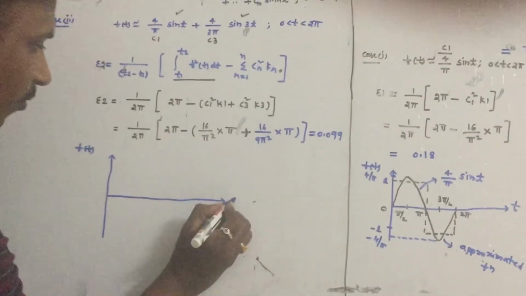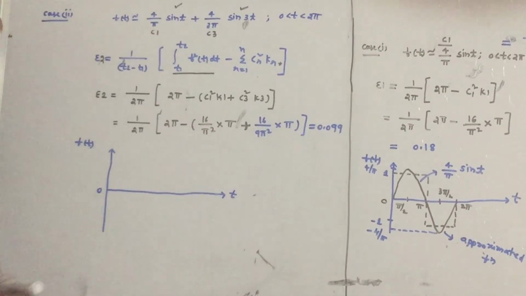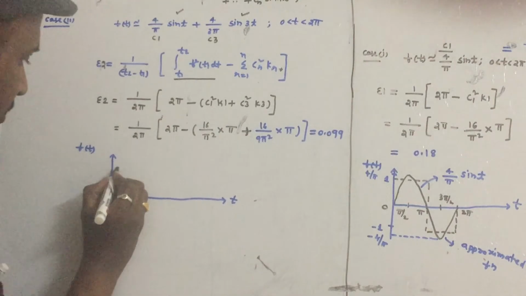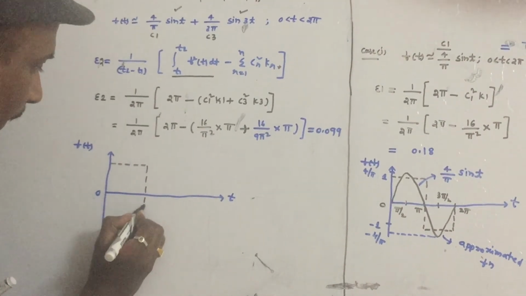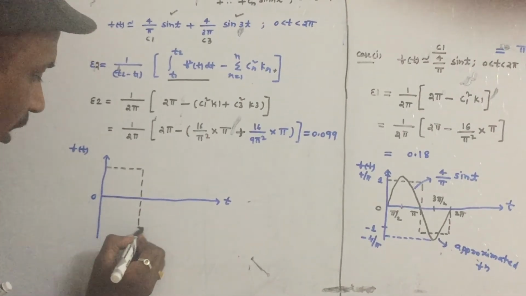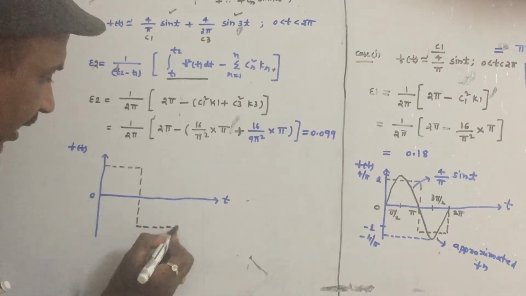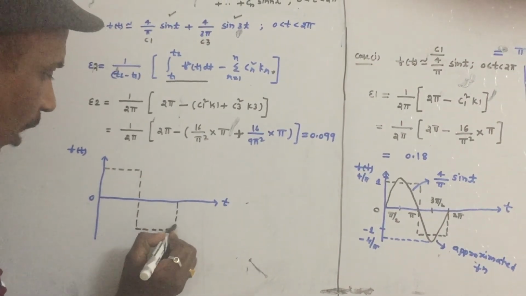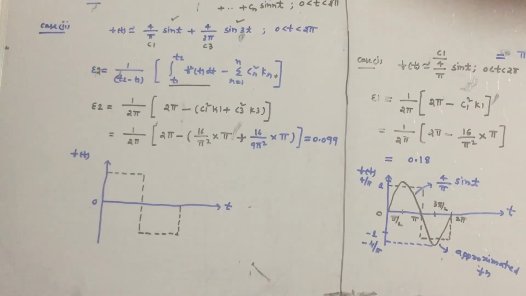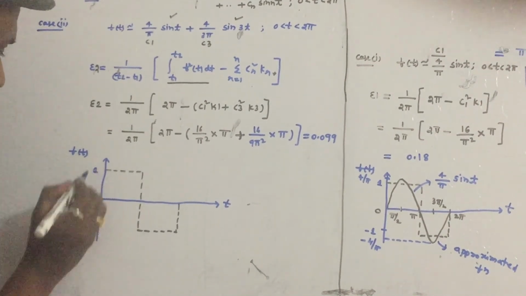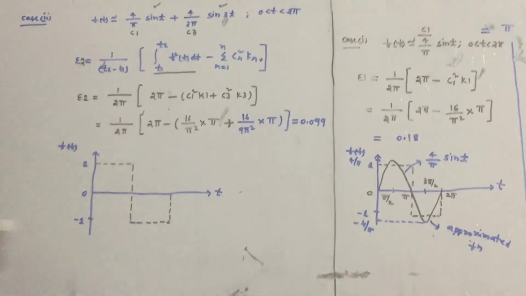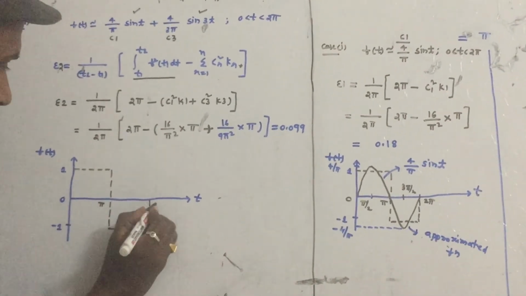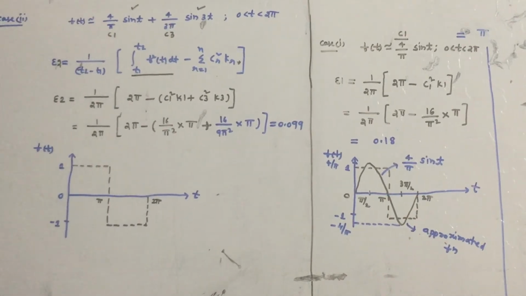This is f of t versus t. So this is your given function. What we have done is approximate this function with two orthogonal functions. Now this one is plus 1, this one is minus 1. This is pi, so this is 2 pi.